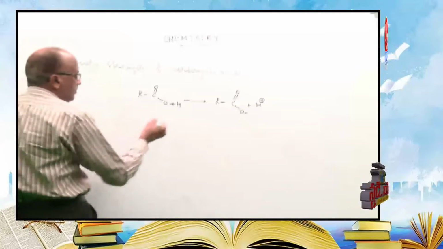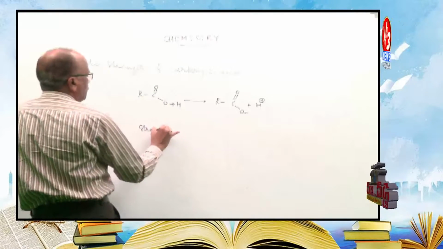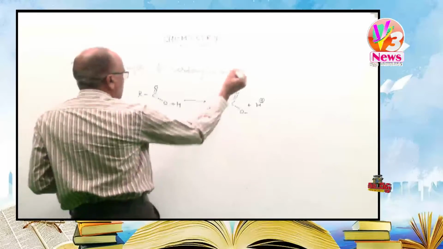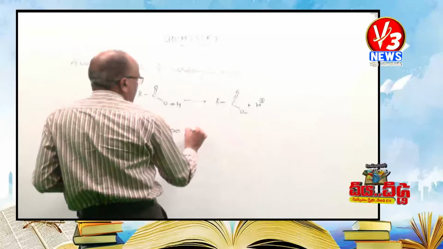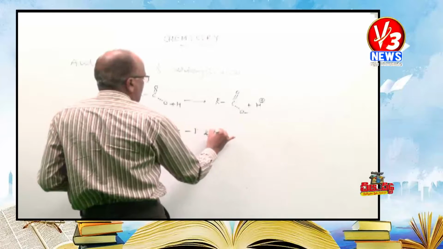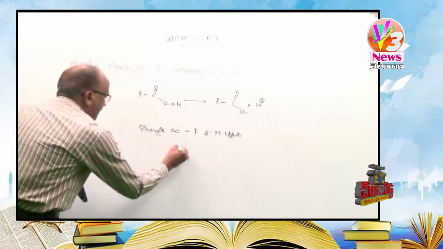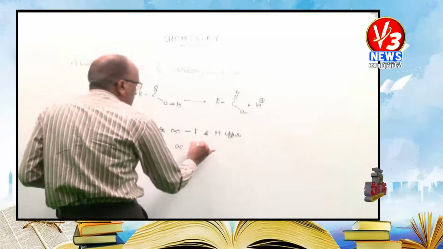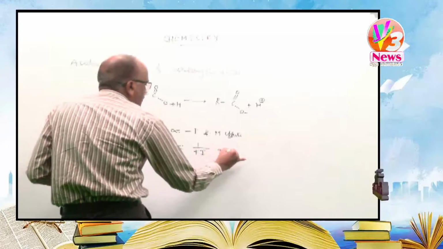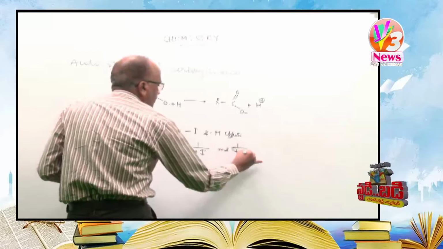So acidic strength is directly proportional to electron withdrawing effects, meaning minus I and minus M effects, and inversely proportional to plus I and plus M effects.